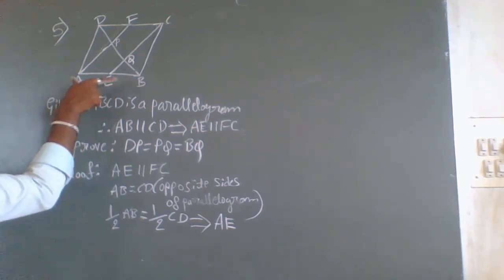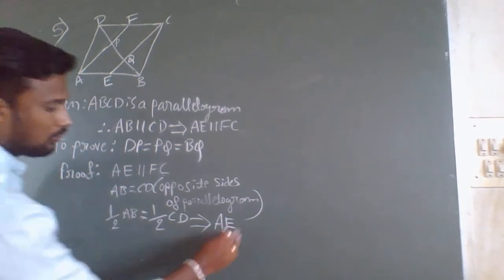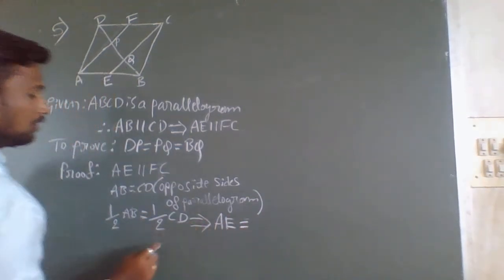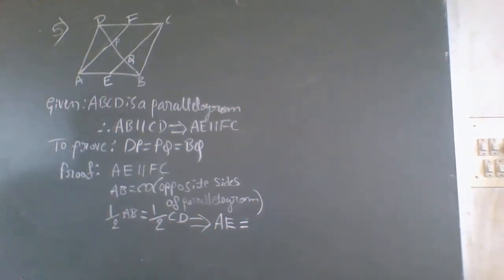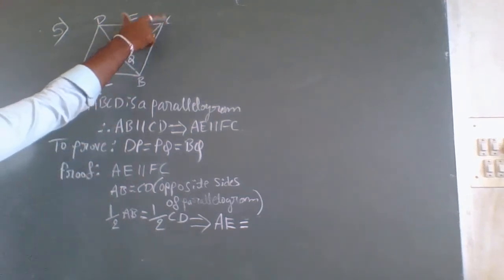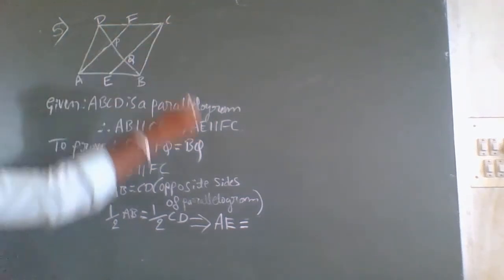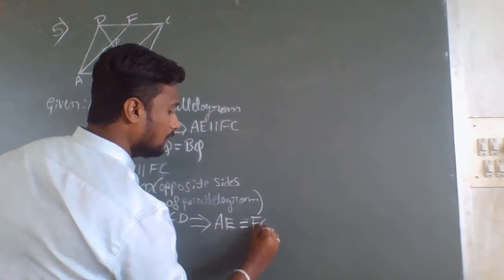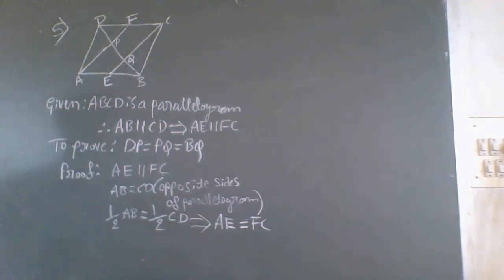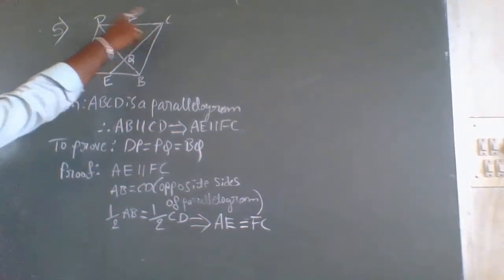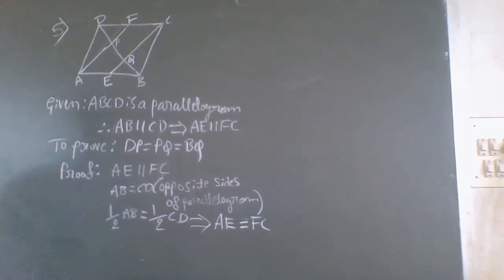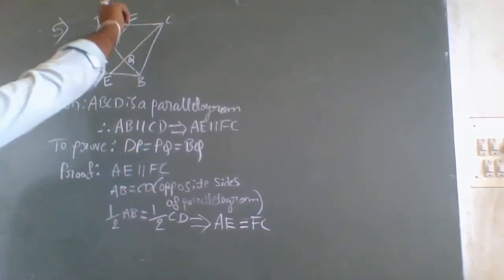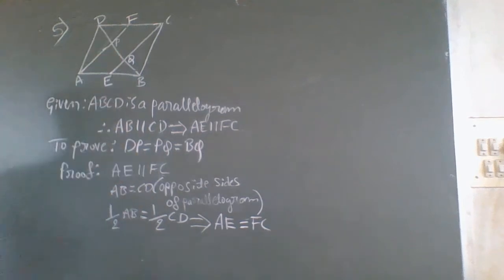Therefore, AE is half of AB. Half of CD we can write as FC, because F is the midpoint of CD. So AE is equal to FC.